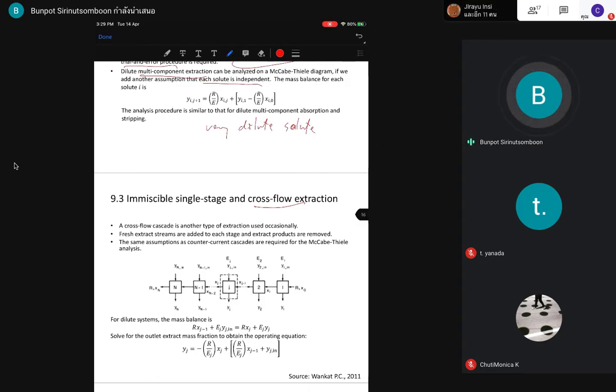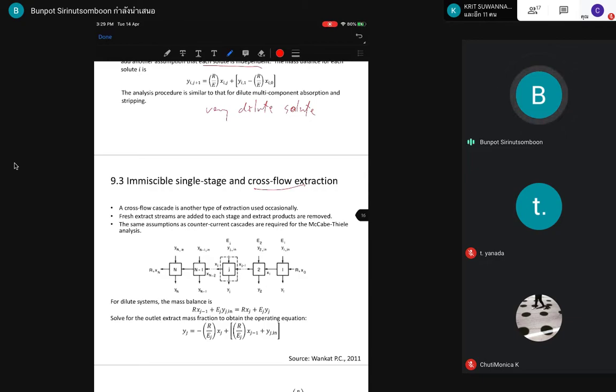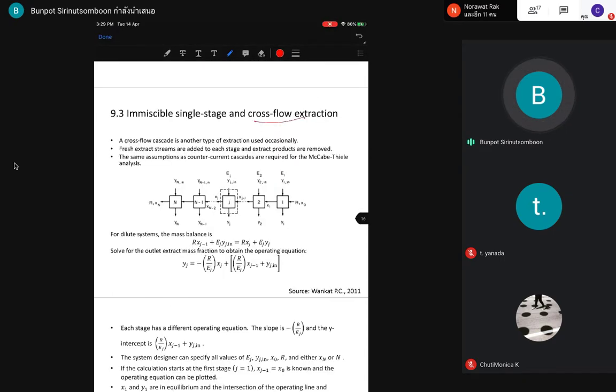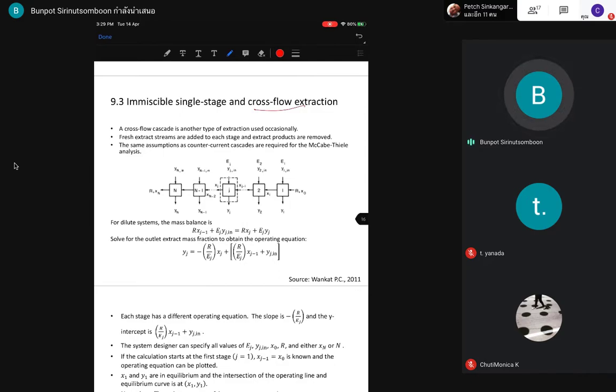Yeah, that close flow to your raffinate. So multiple streams of extract, and you're gonna have a mass balance for each stage, because each stage has a different operating equation because of the slope.